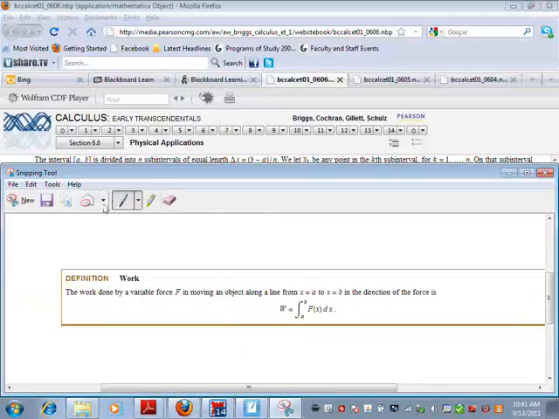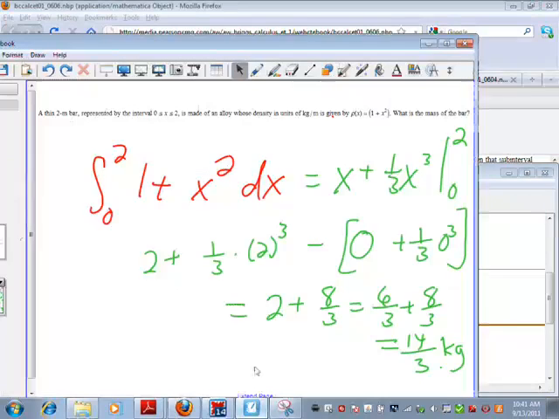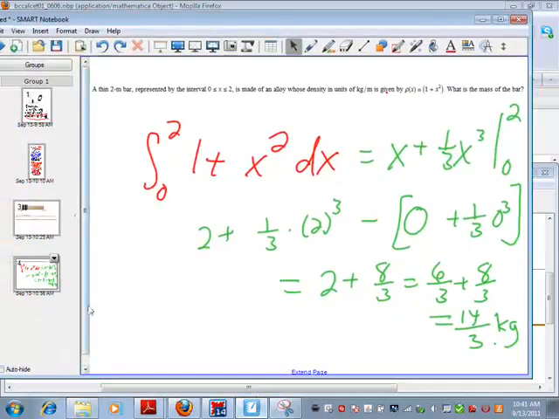So I'll give you a force function, and then I'll give you a context, the problem, and you'll have to figure out the work done in that problem.